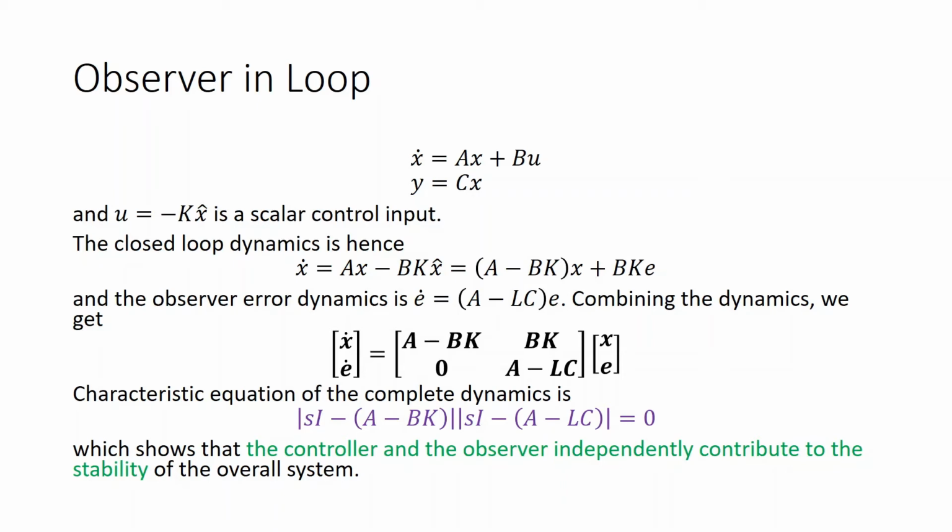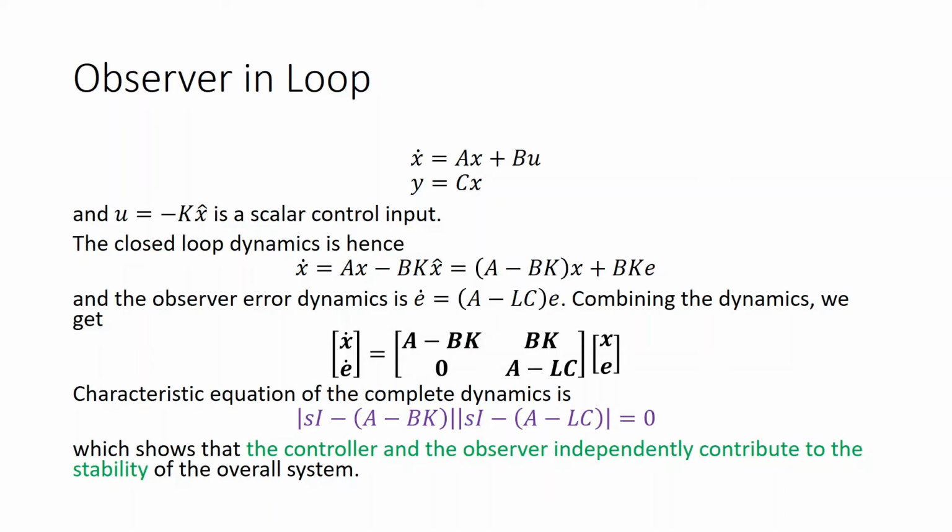Now please bear this in mind, that the controller which we are constructing is not using the actual state information but the estimated state information. The controller is using the estimated or observed state information x hat.